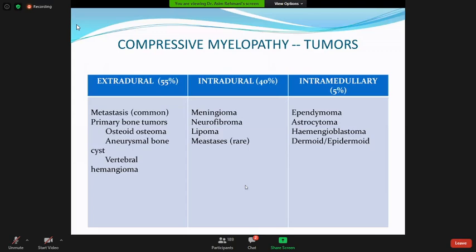As we have discussed, the most common extradural tumors are metastases from various sites, primary bone tumors, or vertebral hemangiomas. Intradural tumors are meningioma and neurofibroma, and the intramedullary tumors are ependymoma, astrocytoma, hemangioblastoma, dermoid, epidermoid, and lipoma.